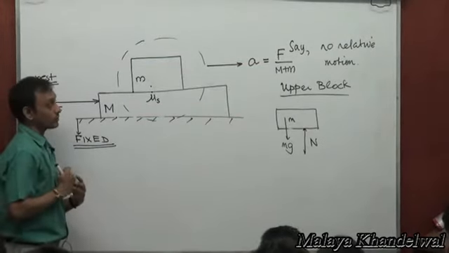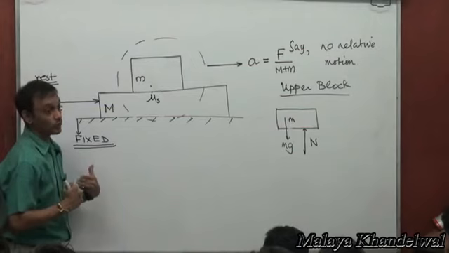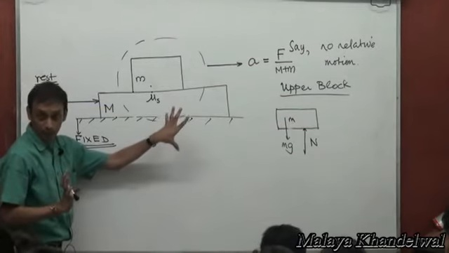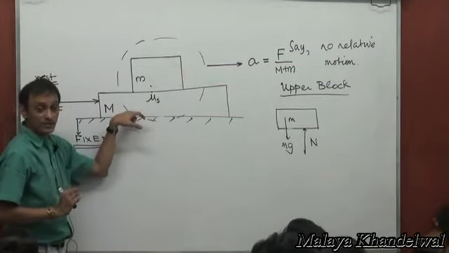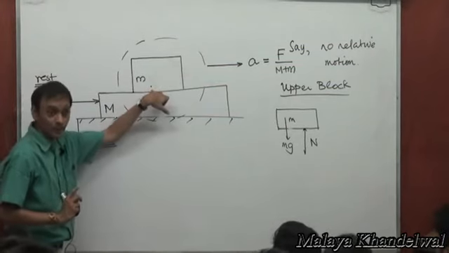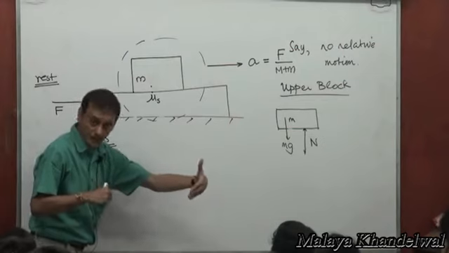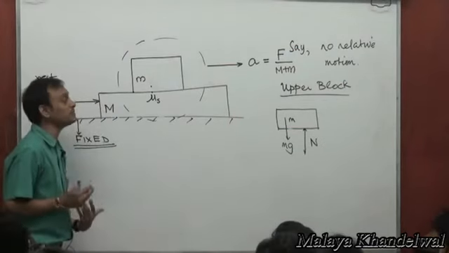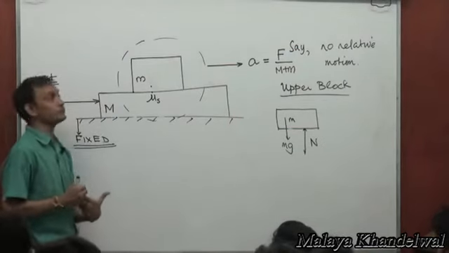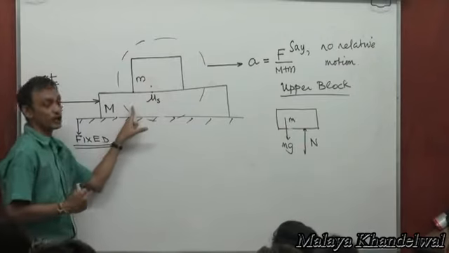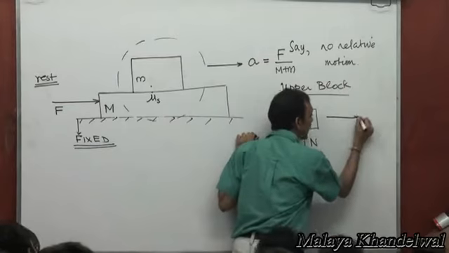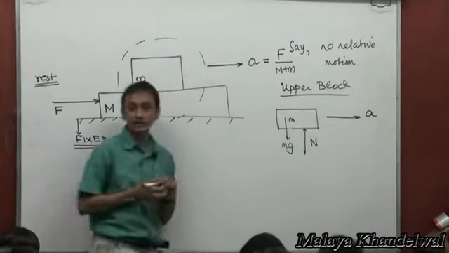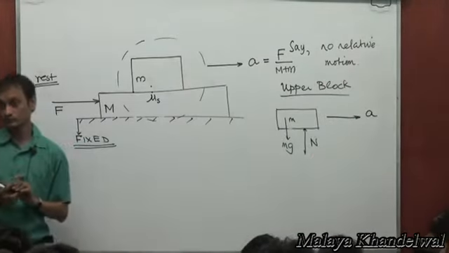I have not yet put up all the forces on small m. Small m also experiences a frictional force from capital M, whose direction I will represent in a while. But before that, let me see what small m is doing. After all, if small m is sharing a common acceleration with capital M, then you must represent the acceleration a of small m to the right, right?